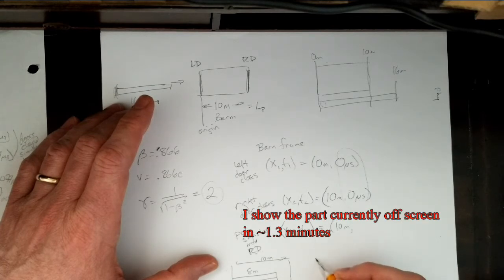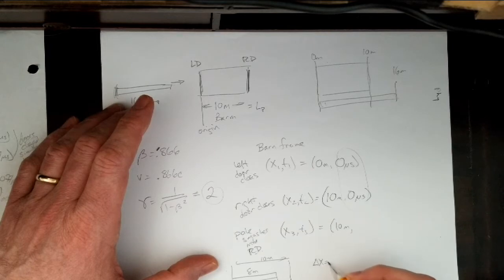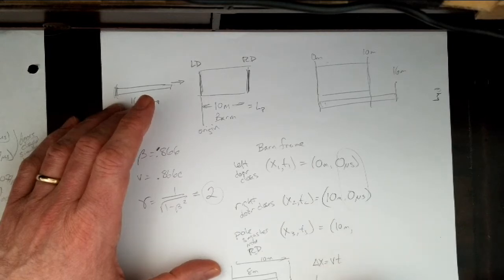And this right here is the 2 meters it has to travel. And so I know that distance is equal to rate times time. The time it should take would be delta x over v, which is the 2 meters divided by how fast the pole was going, which is 0.866 times the speed of light, 3e8.